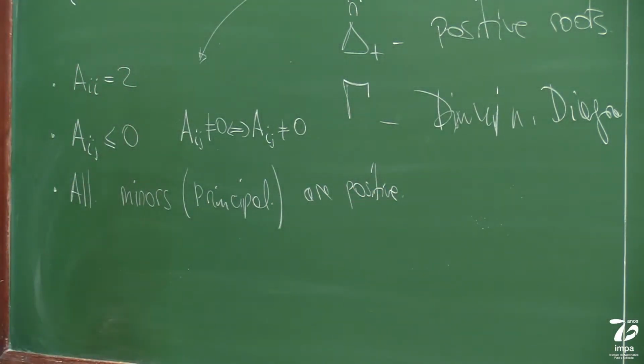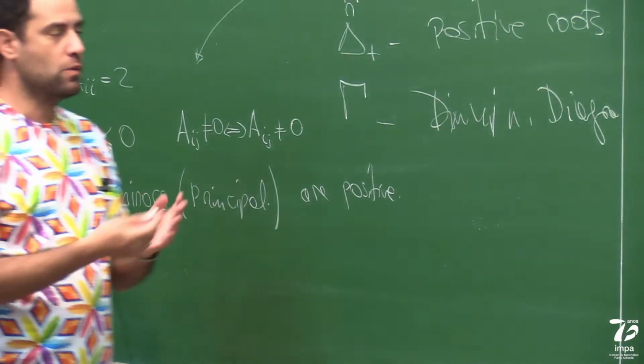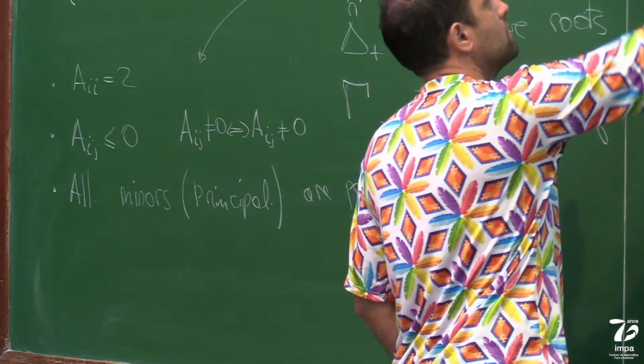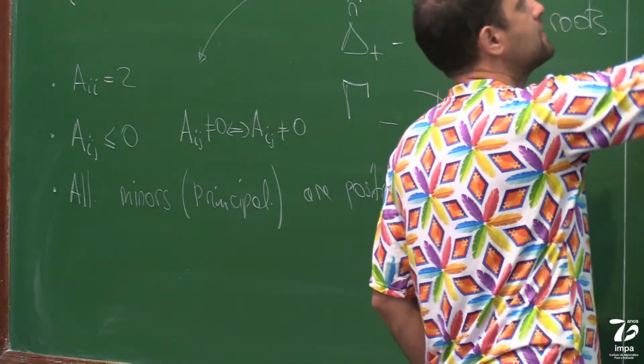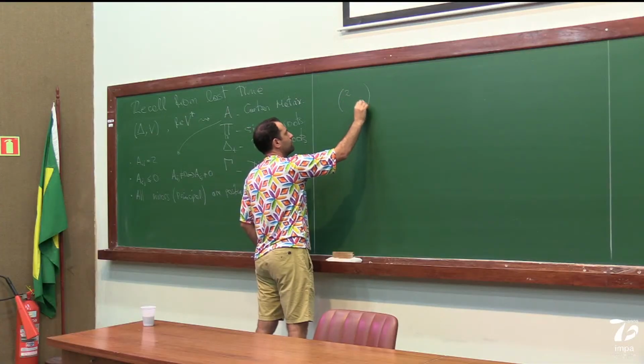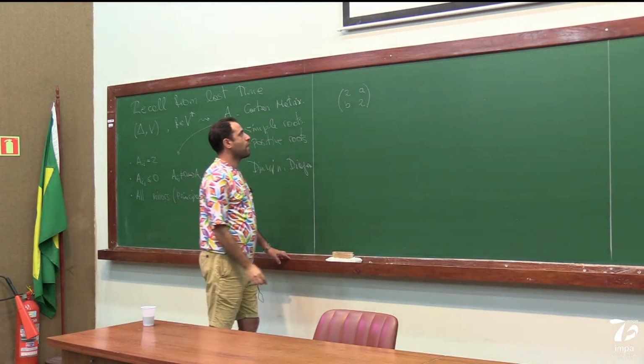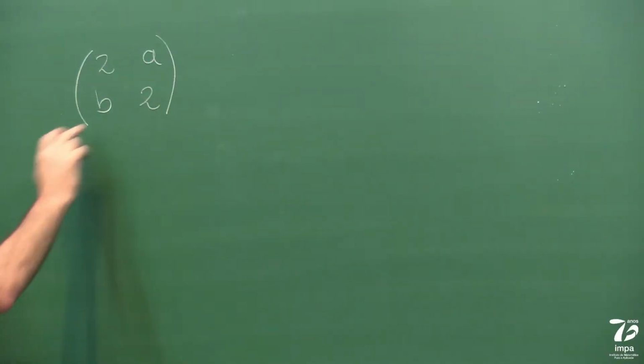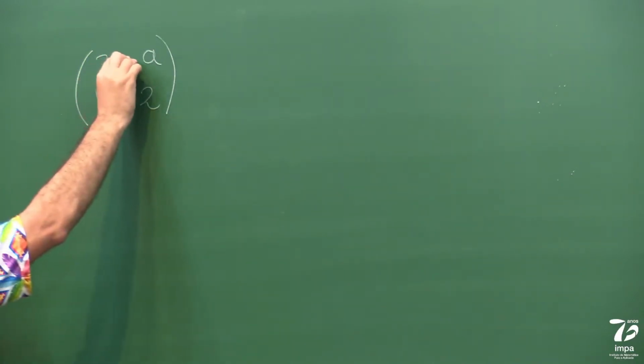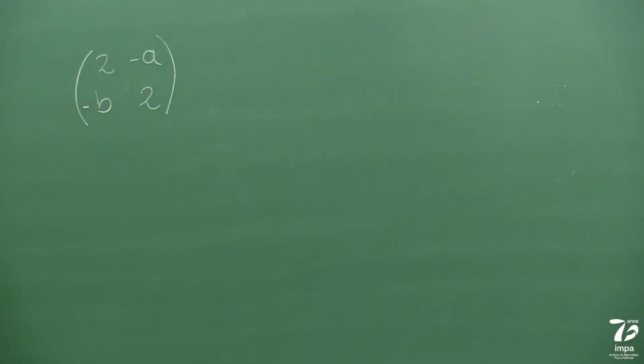In particular, if you choose 2 rows and 2 columns of such a matrix, you end up with a 2x2 submatrix that needs to be of the following form, where A and B are both negative numbers. Let me just then put minus and minus.